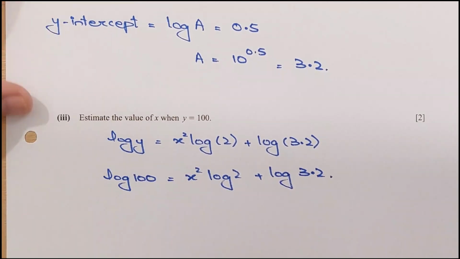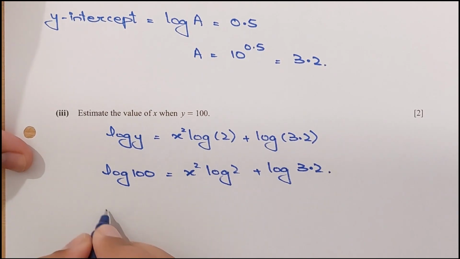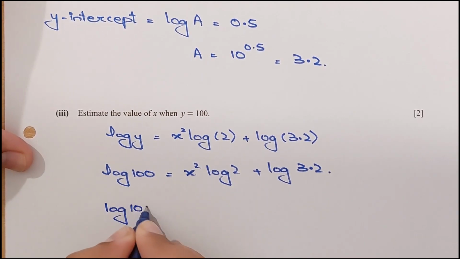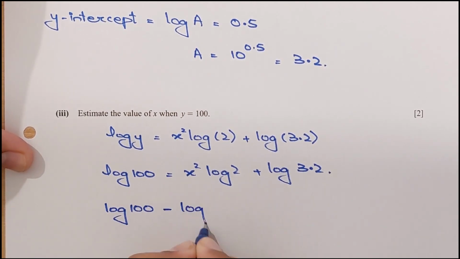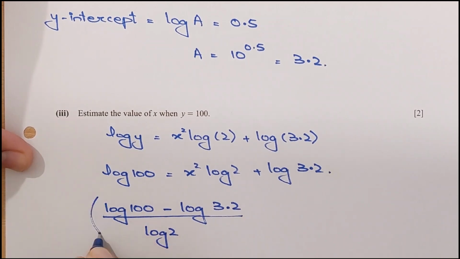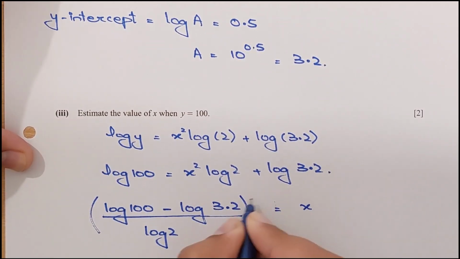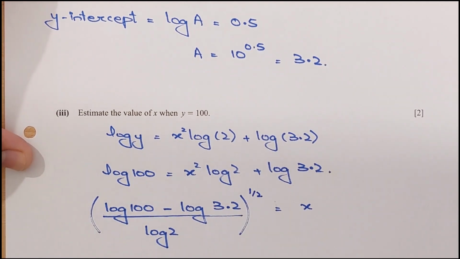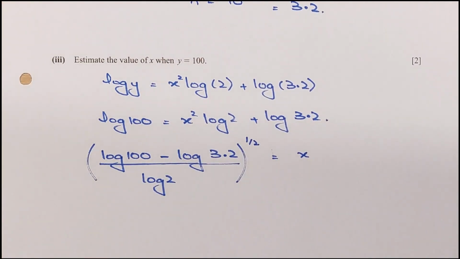To solve for the value of x, we have to estimate the x value. We can say log of 100 subtract log of 3.2 and divides log of 2, and taking its square, we have x square over here, right? So to get rid of square, we can do square root, 1 by 2. We will get the value for x, right? So let's estimate it.